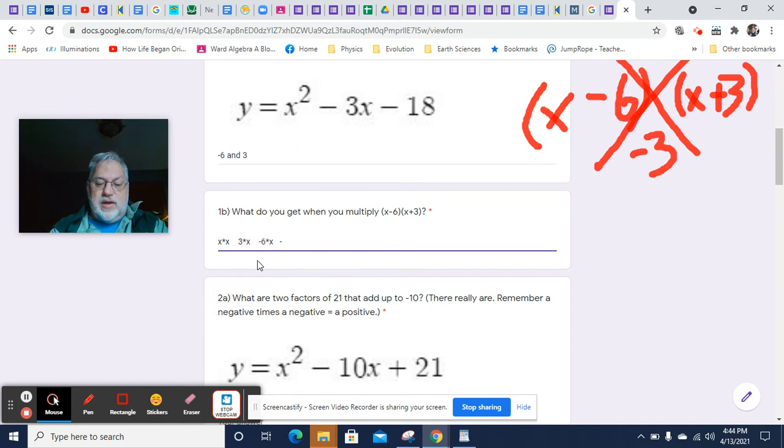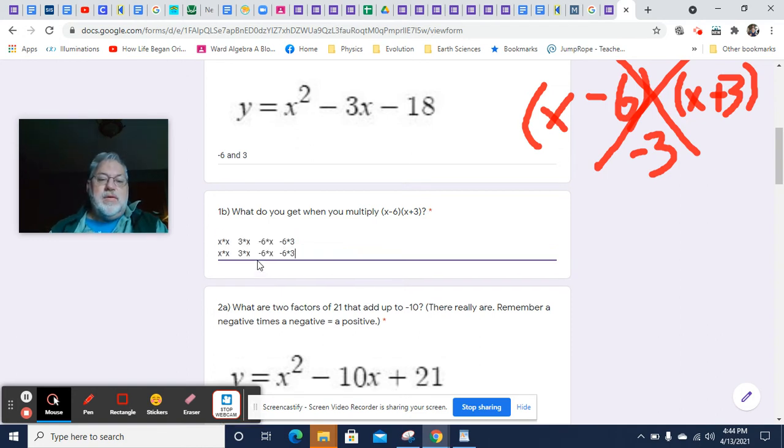Go ahead and write it all out, and then put it all together. That becomes x squared. This becomes 3x. This is negative 6x, and this is negative 18. And we put that together.